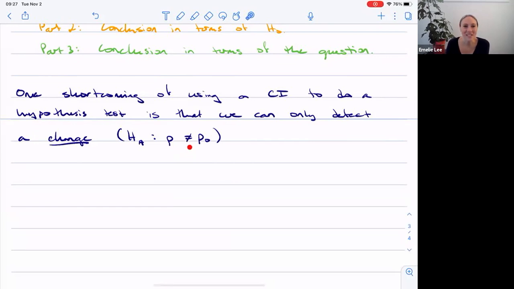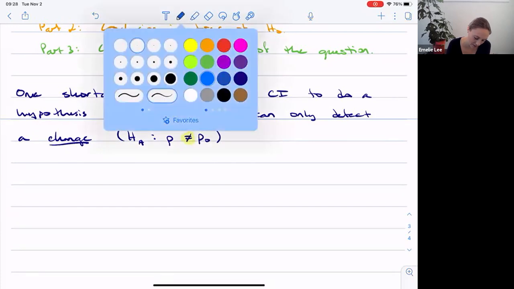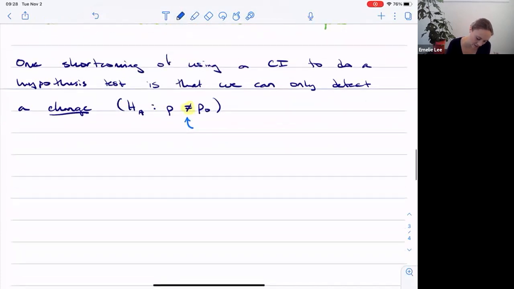So what we're saying is, we can only use a confidence interval if we have this not equal to sign in our alternative hypothesis, right? This is how we show that we're looking for a change, whether it be up or down. It doesn't matter, just one direction or the other, and we're not going to distinguish between those two. So we can only detect a change with a confidence interval.